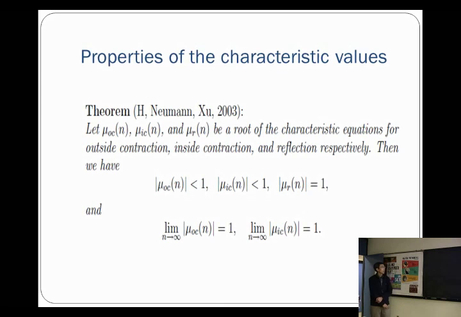So this already indicates that as n gets higher and higher, v_k, the vertex, converges to 0 slower and slower, because the characteristic values get closer to 1. So this already shows that perhaps the rate of convergence will suffer when n gets higher.